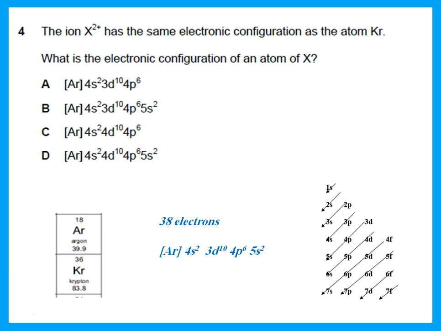So 1s2, 2s2, 2p6, 3s2, 3p6, that's argon. And then I continue. I still have what? That was 18 electrons, so I still have 20 electrons. Now, I start from the 4s, that's 4s2, 3d10, 4p6, 5s2, that is my total number of electrons, and that is the same as B.